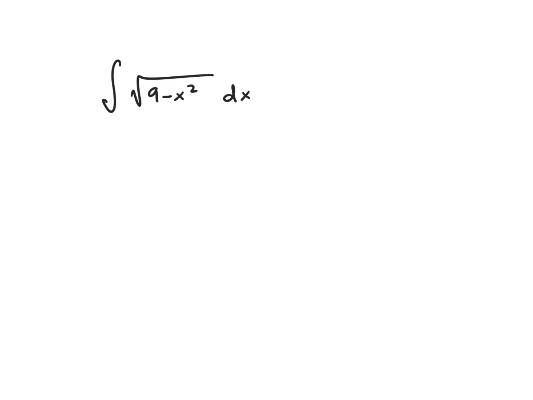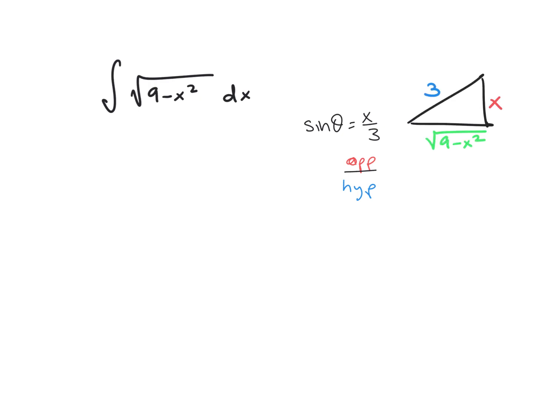We are going to use the fact that sine of theta is x over 3 in this triangle. So sine, right, is your opposite over hypotenuse. And so that means that here I want my hypotenuse to be 3, my opposite side to be x, and then if you do the Pythagorean theorem and solve for the other side, you will get the square root of 9 minus x squared, okay?